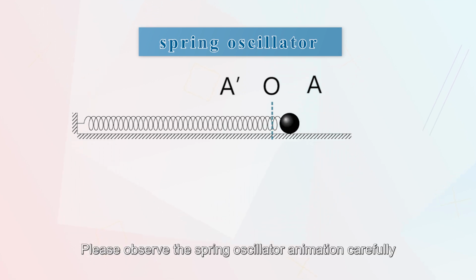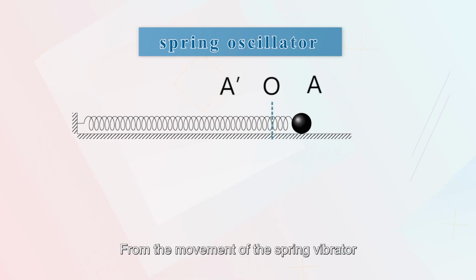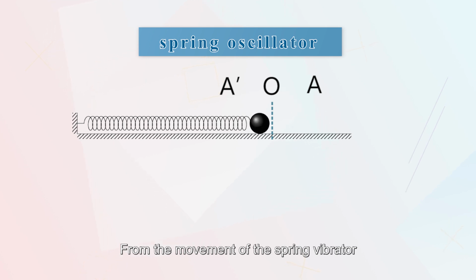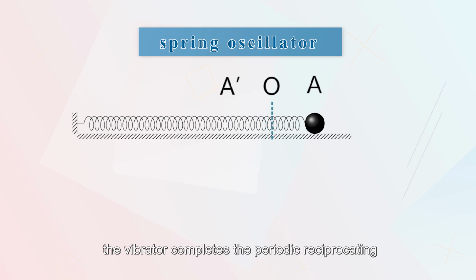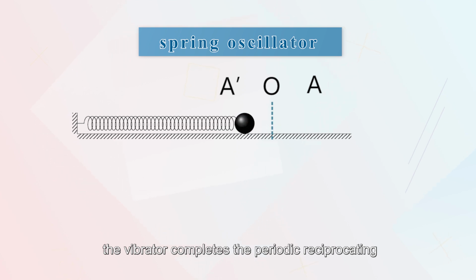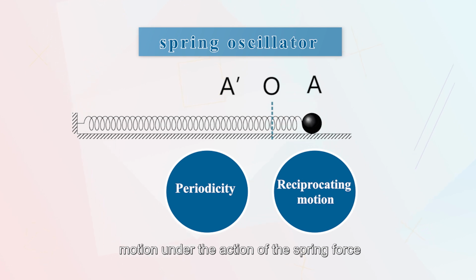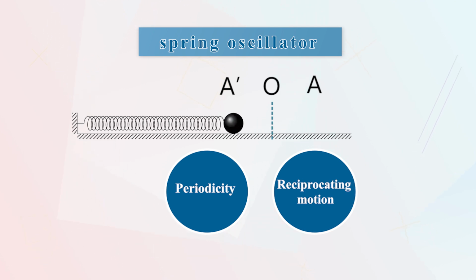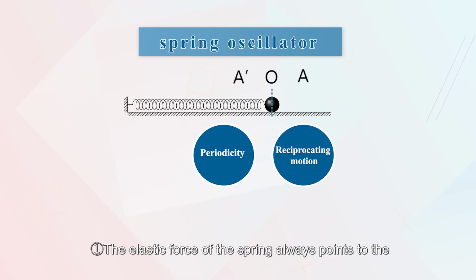Please observe the spring oscillator animation carefully. From the motion of the spring oscillator, we can find that the oscillator completes periodic reciprocating motion under the action of the spring force. It shows the following characteristics. 1.